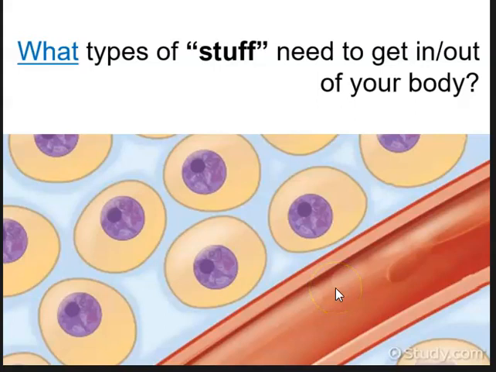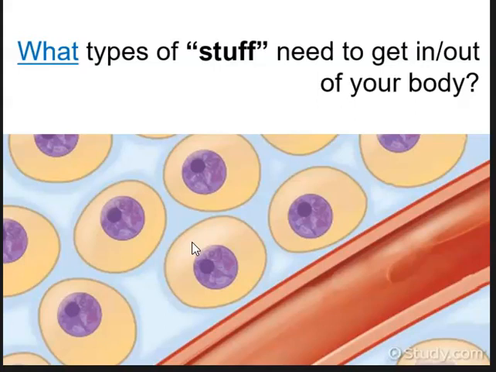So what types of stuff need to get in or out of your body? We are made up of different molecules, and we need vitamins and other things that our body needs that need to go through the plasma membrane. For example, sodium chloride or sodium. We need sodium for different things, potassium.